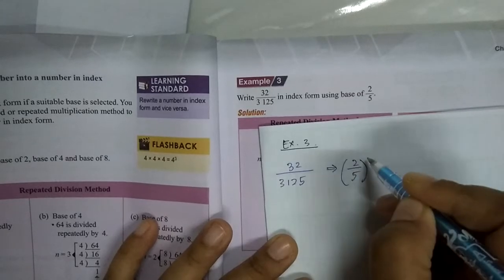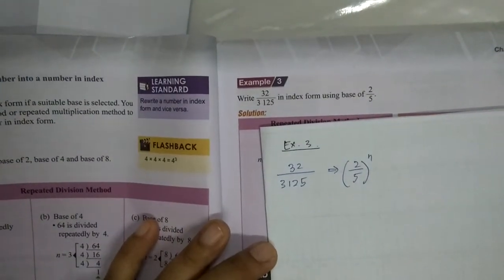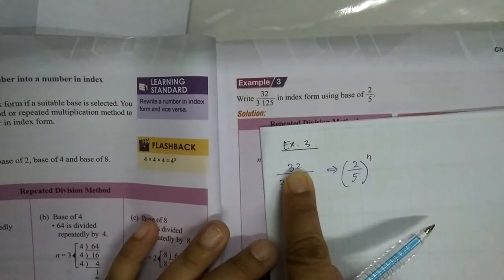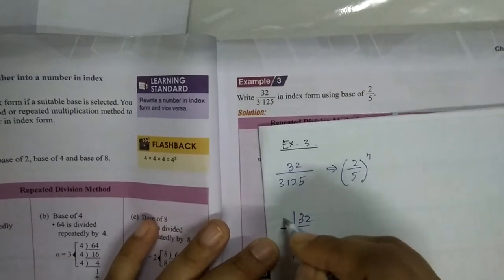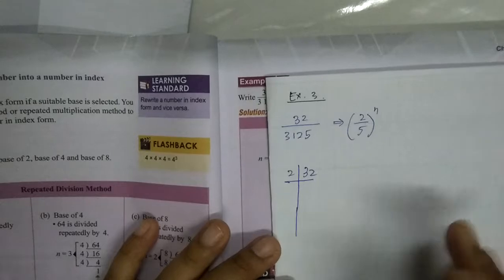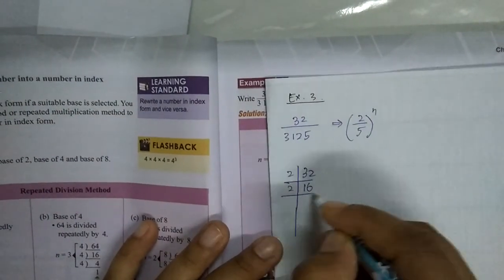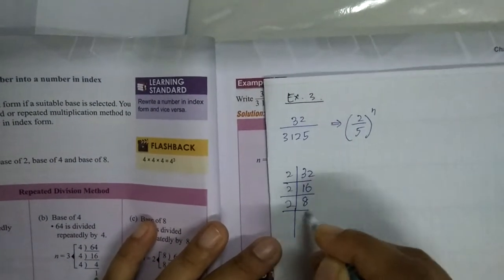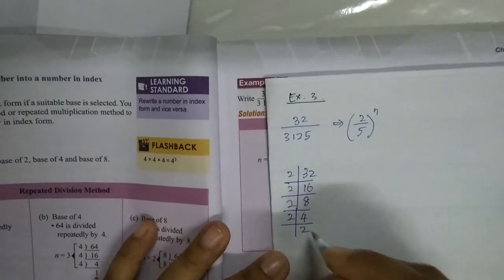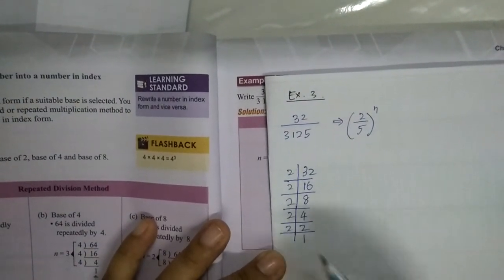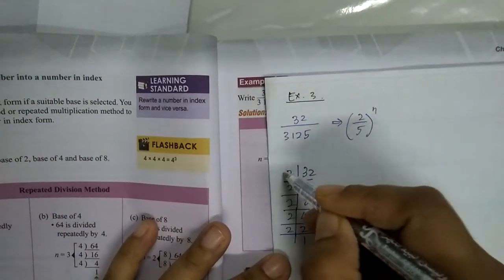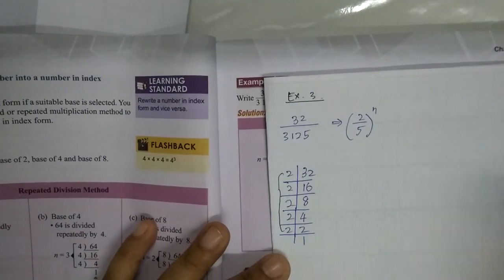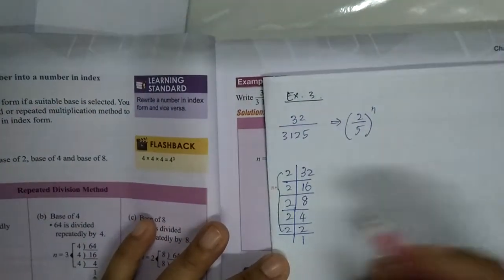So 2 over 5 to the power of what? So n, we want to find the value of n. Okay, so now 32, its partner is 2. So 32 divided by 2, 16. Divided by 2, 8. Divided by 2, 4. Divided by 2, 2. Divided by 2, 1. You stop at 1. Now, what is the value of n? n equals 5.